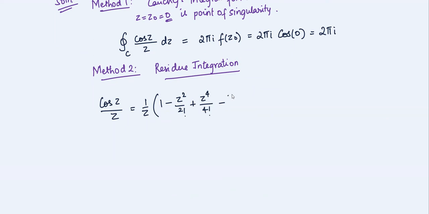This is the cosine series. Now we get that this has a simple pole at z equal to 0.